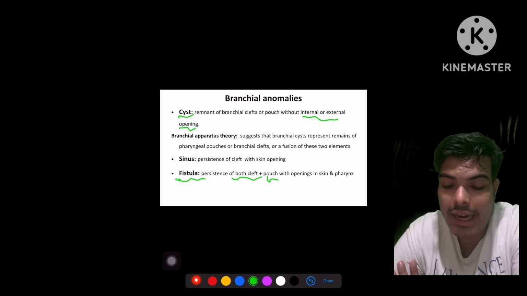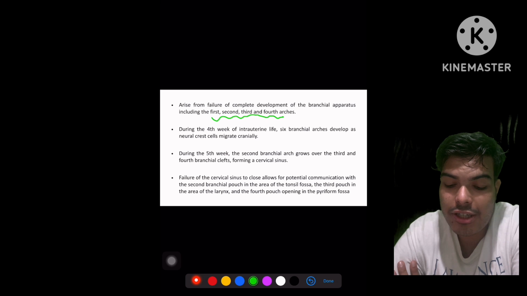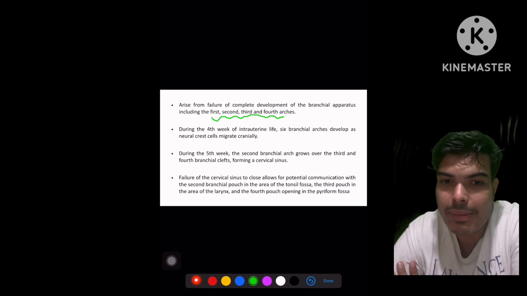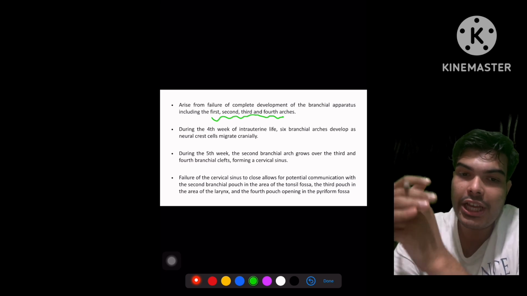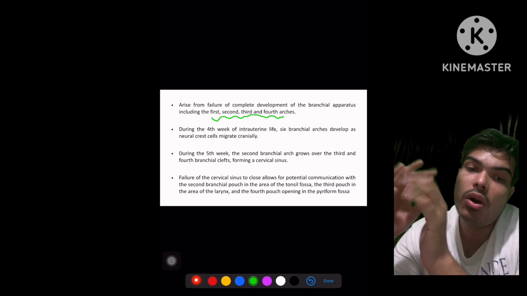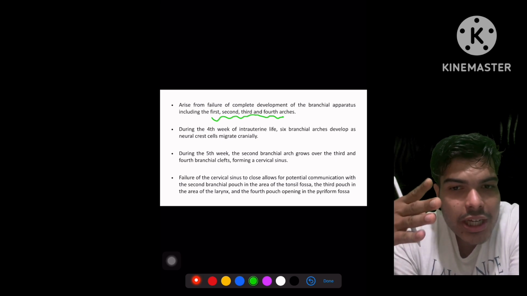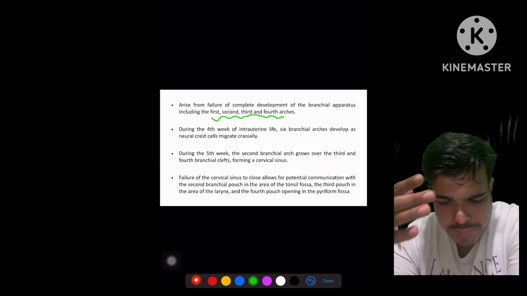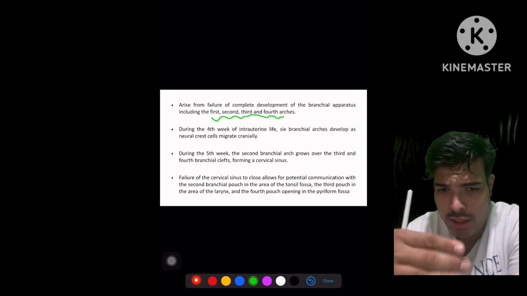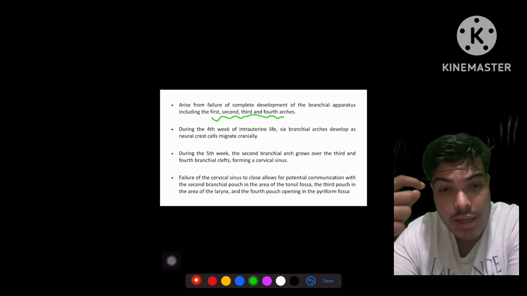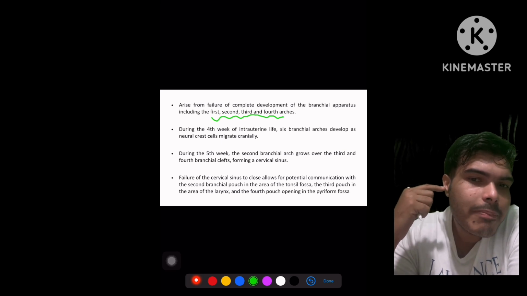Failure of the cervical sinus to close allows potential communication with the second pharyngeal pouch in the area of the tonsillar fossa, the third pouch in the area of the larynx, and the fourth pouch opening in the piriform fossa. So if that communication persists and is associated with the first cleft, the opening will be at the base of your EAC.